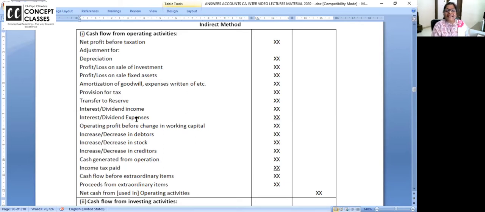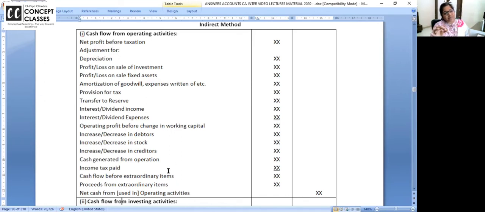Dividend paid, if it is debited, add it back because dividend paid is already taken as outflow in the financing activity. Now what you get, you call it operating profit before working capital changes. Now do all the increase and decrease in each and every item of current asset and current liability. I'll show you how. You will get cash from operating activities.